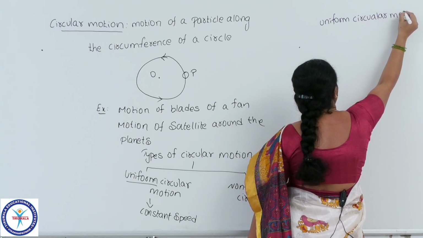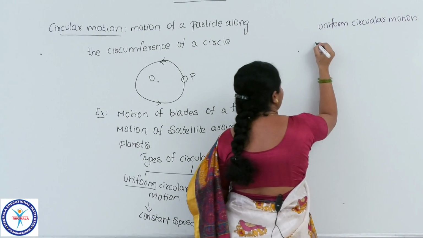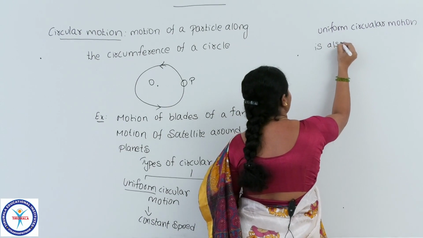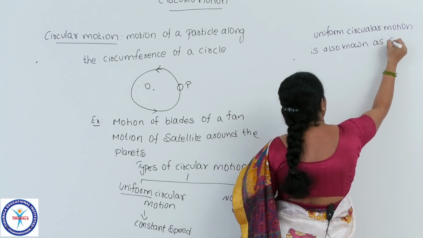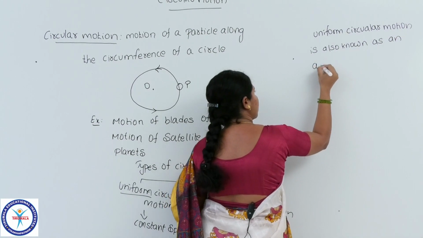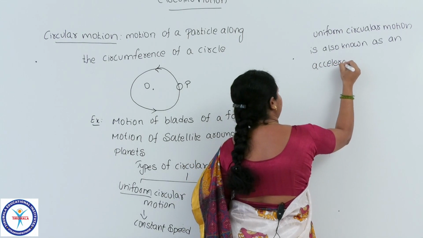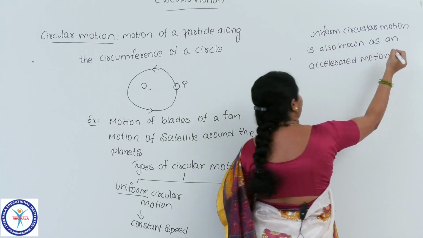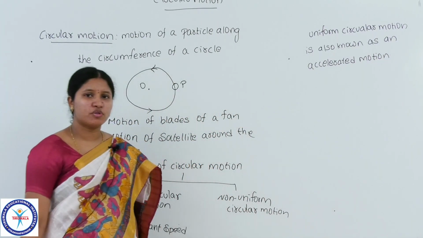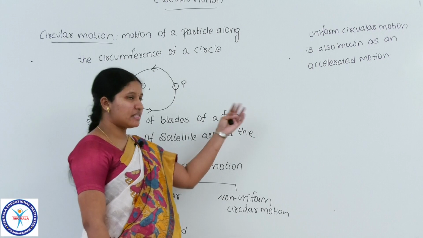Uniform circular motion is also known as an accelerated motion. Why are we saying uniform circular motion is accelerated motion? Let us see now.